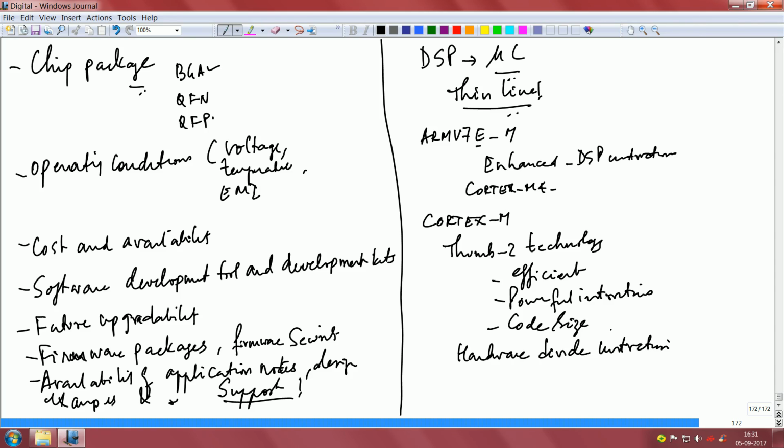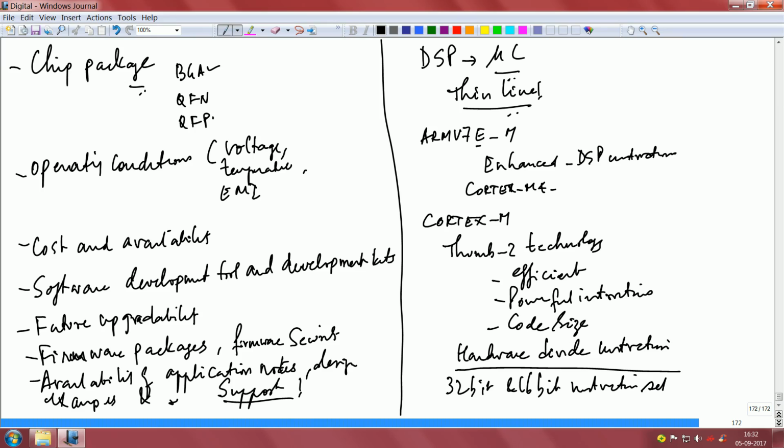Look what is happening already. The Thumb 2 technology essentially will provide you, if there is support for Thumb 2, it means that you do have hardware divide instruction capability. So you will be able to do both 32-bit and 16-bit instructions, that is the key thing.